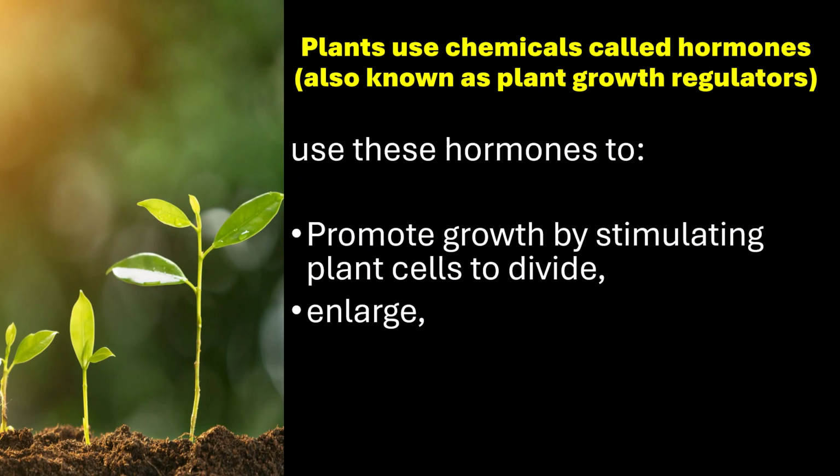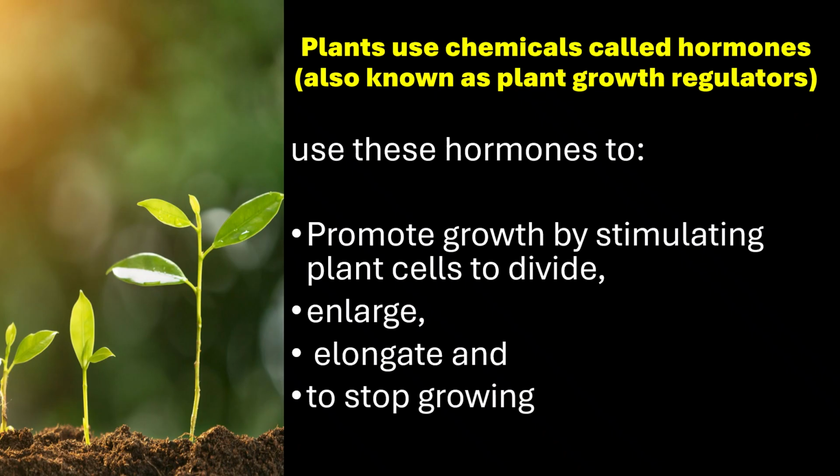Stimulate here means to cause. And secondly, apart from division, plants also use their hormones to cause their cells to enlarge. And that is the second thing. They don't only cause their cells to enlarge, they also stimulate growth by causing their cells to elongate.